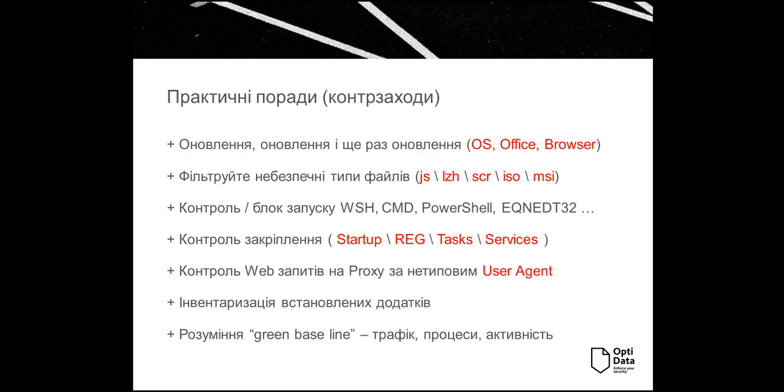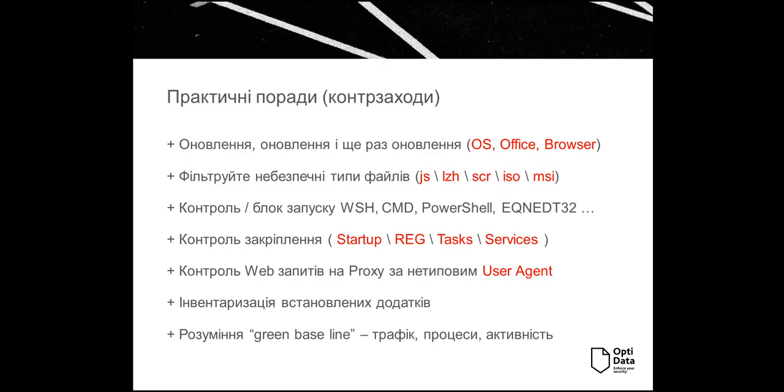And again, if you're dealing with systems which cannot be upgraded or updated properly, try to mitigate the possibility to run PowerShell, equation editor, CMD, or Windows Script Host from the account of a regular user. And pay attention to persistence.